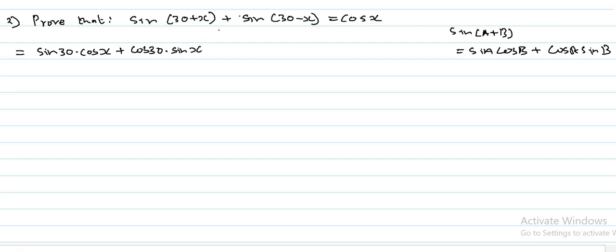This is the first part. Plus the second part: if it's negative for sine, the compound also becomes negative in the middle. So this will be the sine of 30 multiplied by the cos of x minus the cos of 30 multiplied by the sine of x.